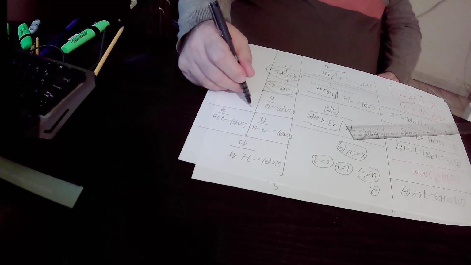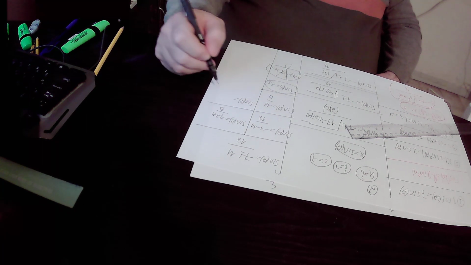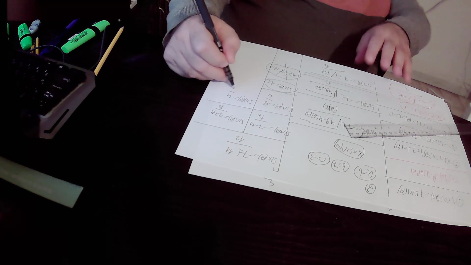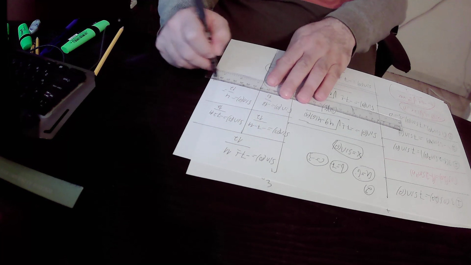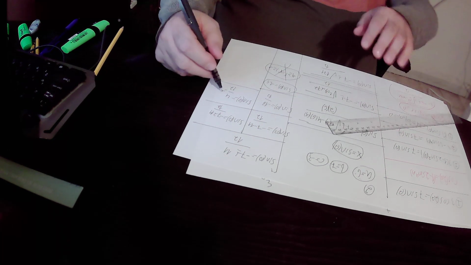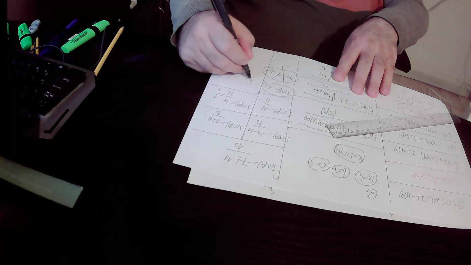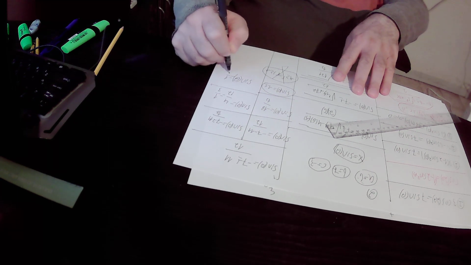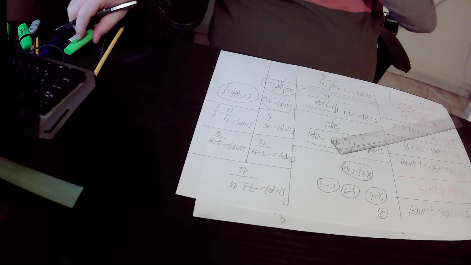So sine theta equals minus 7 plus 11 is 4. It is 4 over 12. Here we will divide both the numerator and the denominator by 4. 4 over 4 is 1, and 12 over 4 is 3. So in conclusion, we found out that sine theta equals 1 over 3.